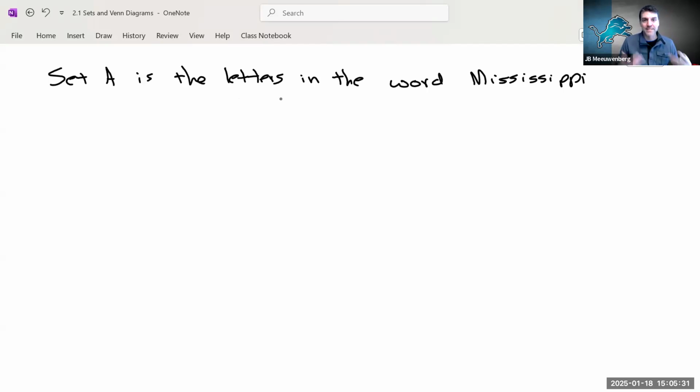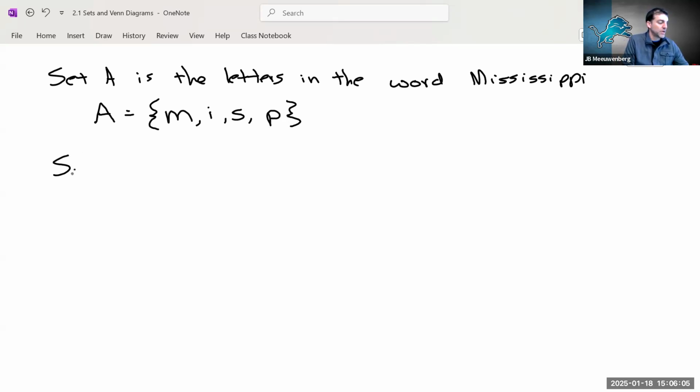So that's describing the set in words. If I want to use notation, I say A equals, so set A is equal to, and then I put braces, and then I would look at the word Mississippi, and I see it has these letters, m, i, s, and p. Notice I put them in lowercase, m, i, s, and p. So that's how we write set notation. And notice that none of the elements are repeated within those braces. We only state them once.